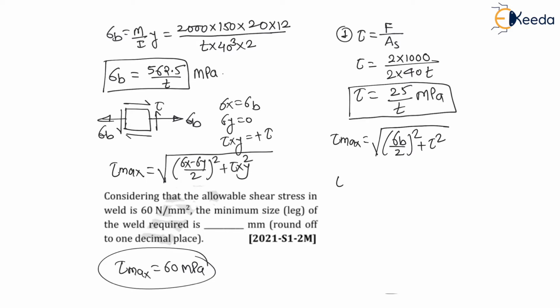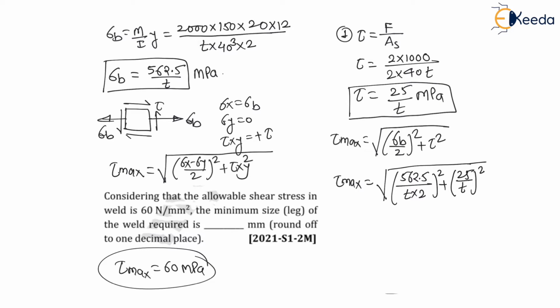So let us put the values. Therefore tau maximum is equal to the square root of sigma b, which is 562.5 divided by t, divided by 2 whole square, plus tau, which is 25 divided by t, whole square, right?